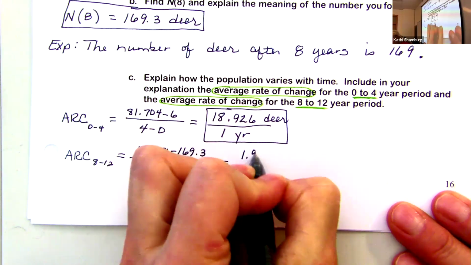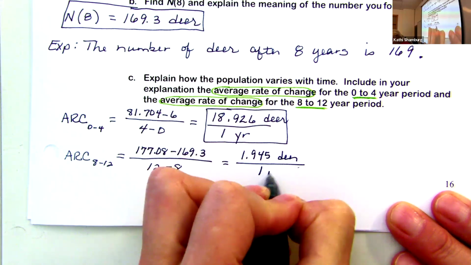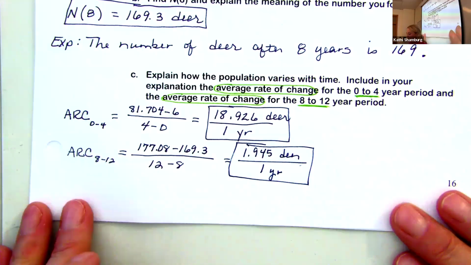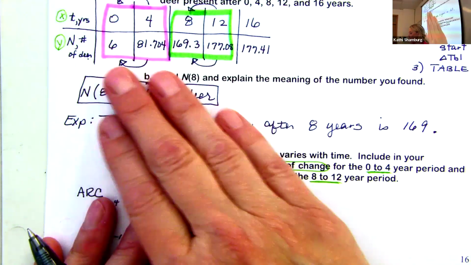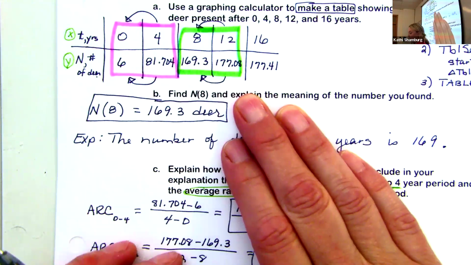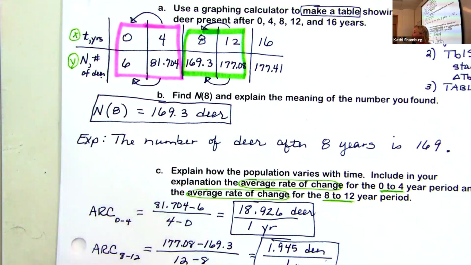So 1.945 deer per 1 year. All right, now we were able to determine what was going on just by looking at the table, right? You told me that the deer population was increasing at a decreasing rate, and that would be the explain.